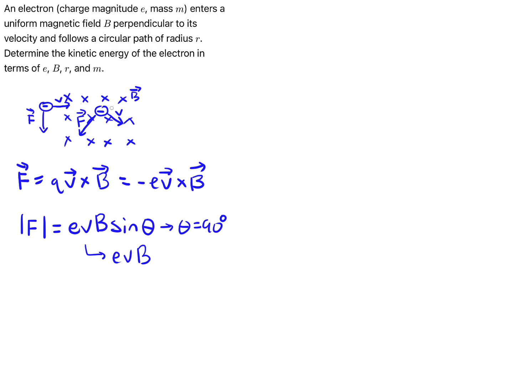Now we can use Newton's second law. It says that the net force acting on some object is equal to its mass times its acceleration. Let's apply this in the radial direction. The only radial force is this magnetic force pointing radially towards the center.